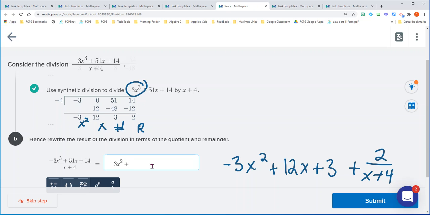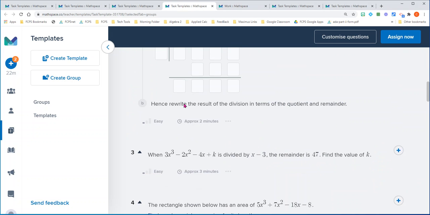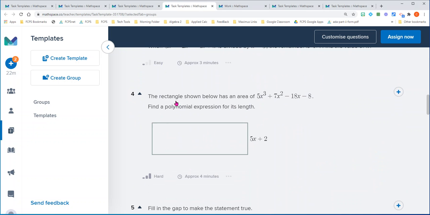Plus 2 over x plus 4. Yay! Okay, oh yeah. Look at that, I gave you that question again to see.